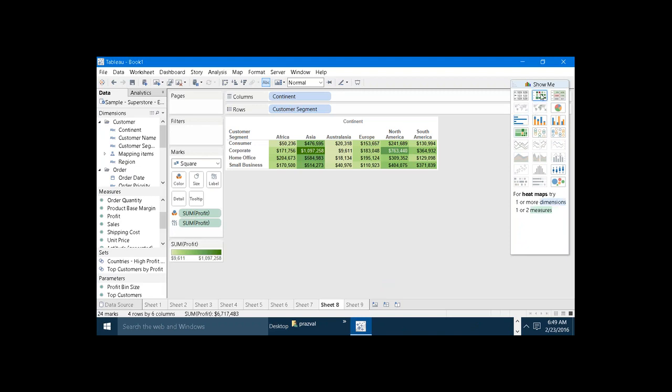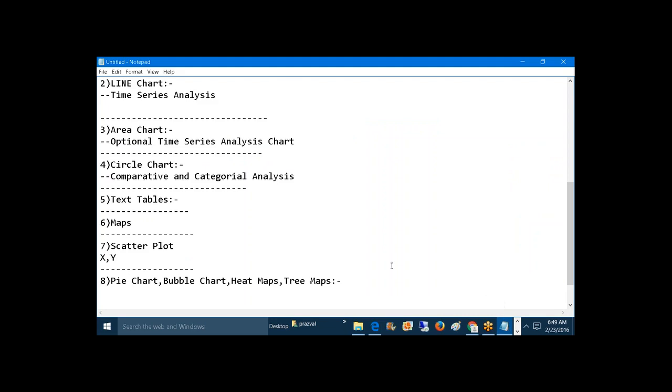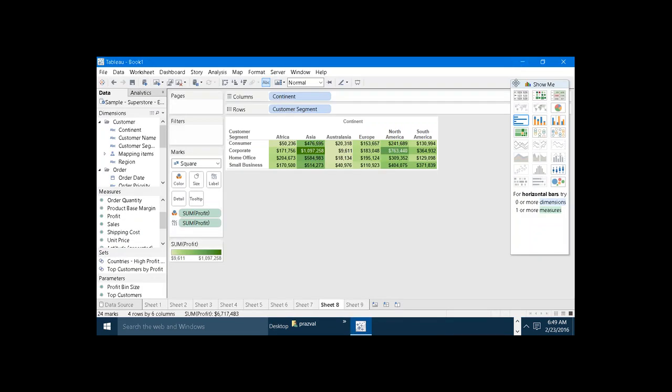And if you go to the heat map, again the minimum requirements are 1 or more dimensions and 1 or 2 measures. So using these 4 charts, we can perform proportionate analysis. If you want to perform proportionate analysis, then we have to make use of these 4 charts.